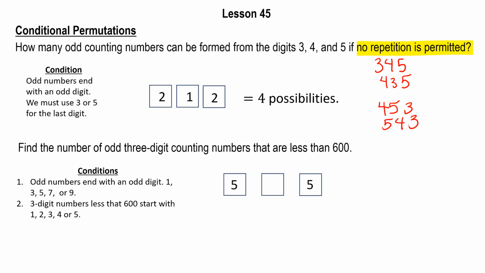We've got to deal with those. Now, this problem does not say there's no repetition, so we can use any digit we want for the middle box. So there are 10 digits in our counting system, so 10 of them. And now we just multiply those together, and that would be 250 possible counting numbers that are odd and less than 600 and 3 digits.